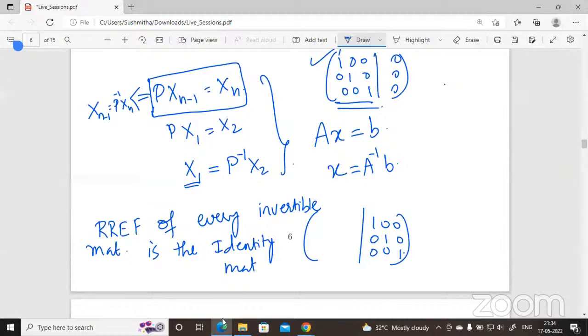Since it is in reduced row echelon form, the other values are zero, so it is always the identity matrix. Right. You cannot have a zero row, and when you cannot have a zero row, every column has a pivot.